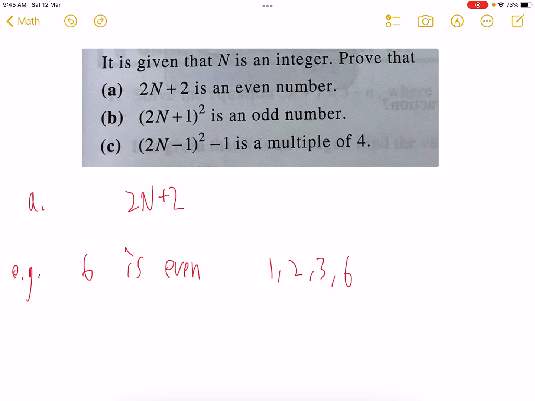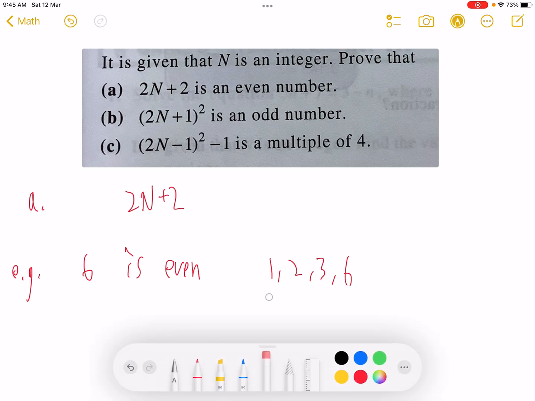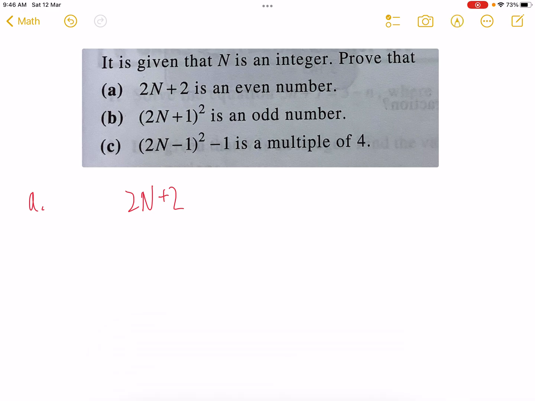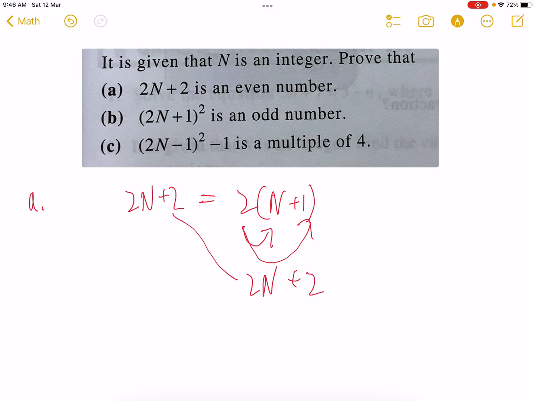Therefore we're looking for a factor of 2 inside this expression. And how do we do that? Well, it's not difficult to see that we can factor out the 2, right? Because if we distribute, you see that is a 2n, distribute the 2 to the 1, positive is just positive, plus 2, and it's exactly the same thing as when we started.